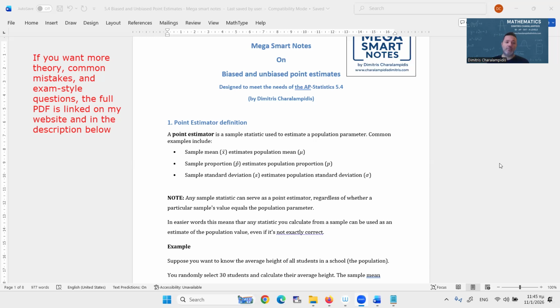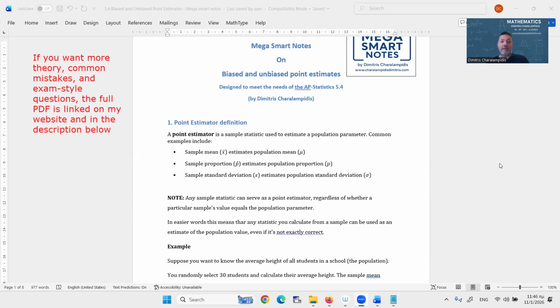Let's work an example. Let's suppose that we want to know the average height of all students in a school. We randomly select 30 students and calculate their average height. If the sample mean of these 30 students turns out to be 168 centimeters, then this value of 168 centimeters is a point estimator for the entire population mean height of everyone in this school.